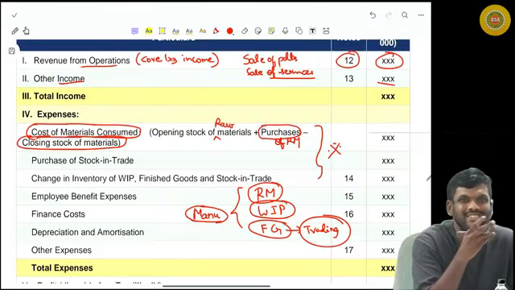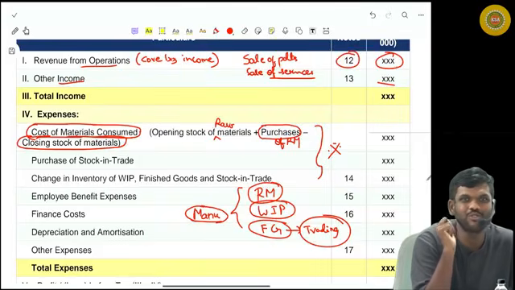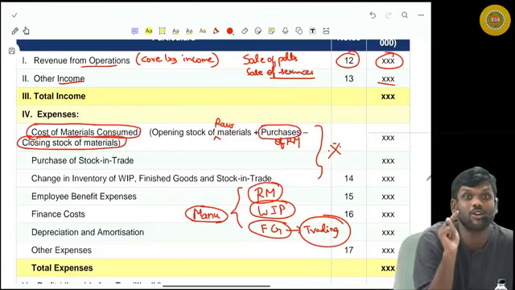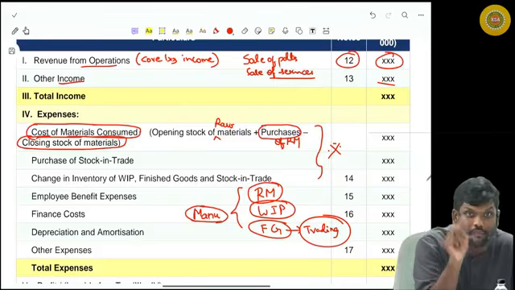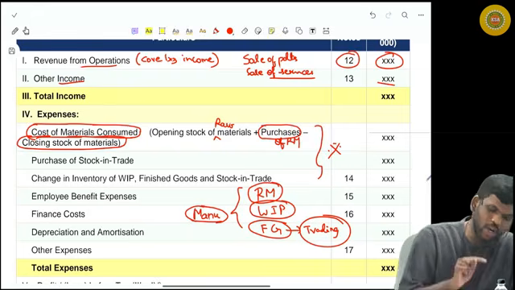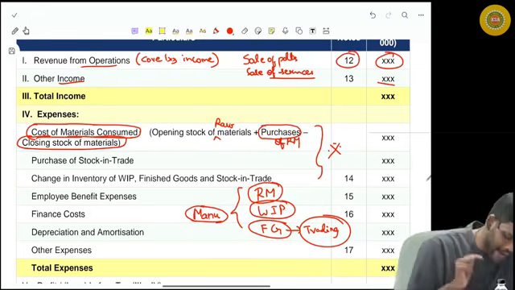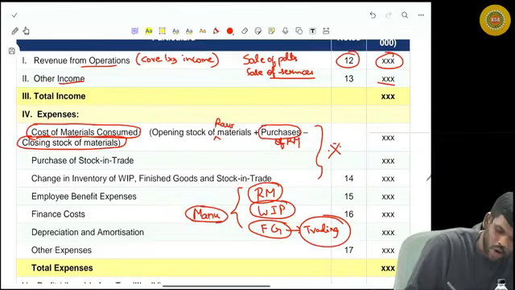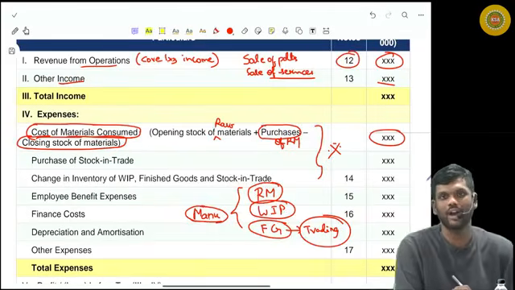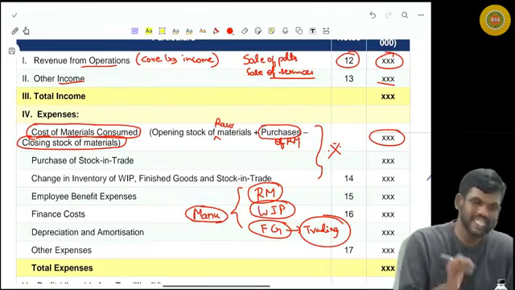Sir, this looks like the cost of goods sold formula. Yes, but this is only for raw materials. This is not cost of goods sold. This is COMC, cost of materials consumed. You should take only opening stock of raw materials plus purchase of raw materials minus closing stock of raw materials. Whatever comes, that should be shown under cost of materials consumed.